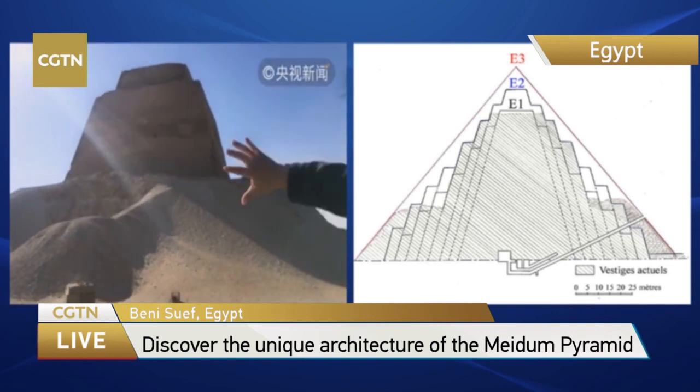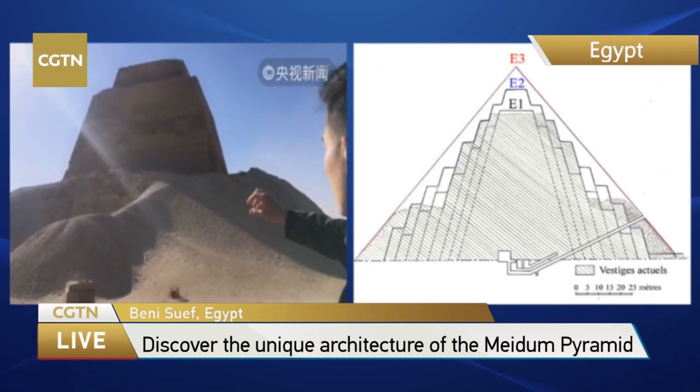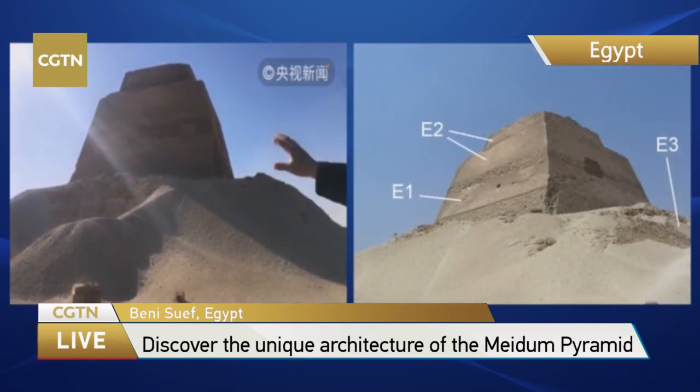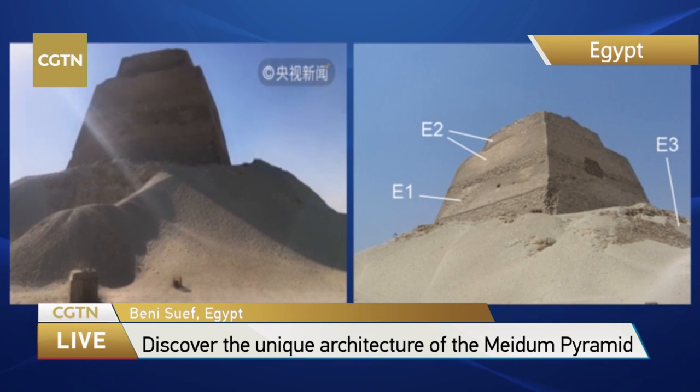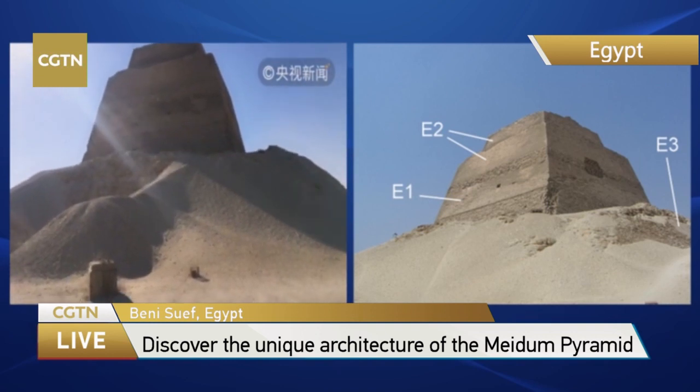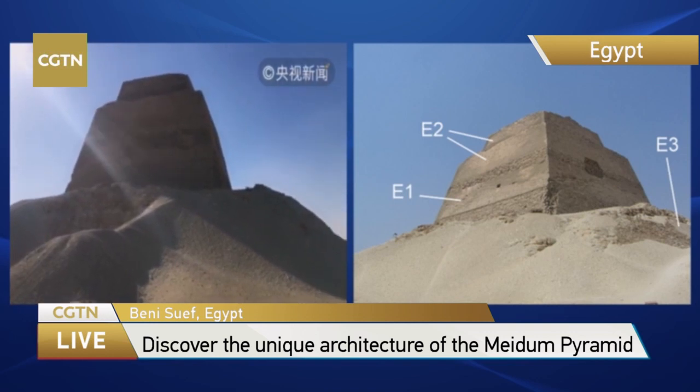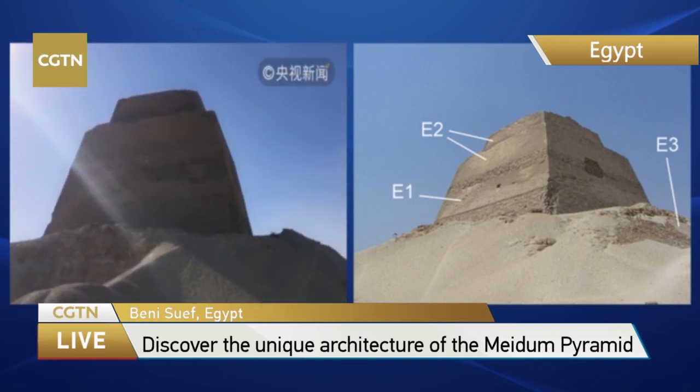You can see the photo on this screen. The photo shows the location of this pyramid. You can see E1, E2, and E3.